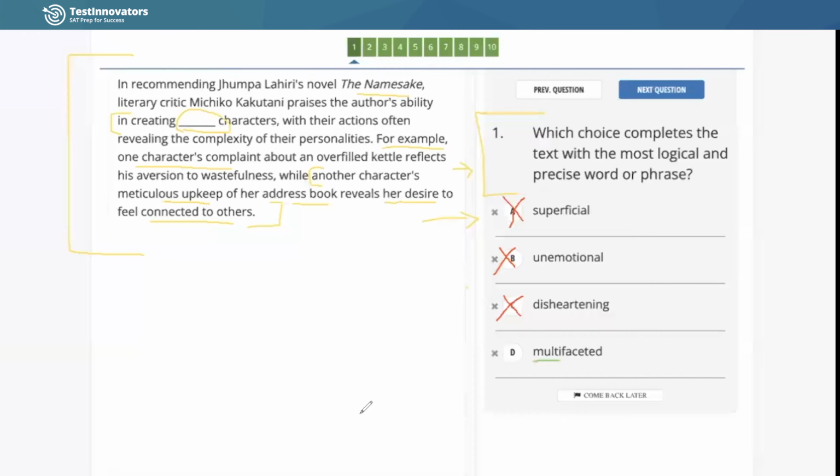With the two characters that are described in this passage, are we given evidence that they are more complex than a cookie cutter character? I would say so. Plus, we see here in the passage, we have a line directly supporting this idea. Right here: their actions often revealing the complexity of their personalities. So we can now say that choice D is the best answer, multifaceted.